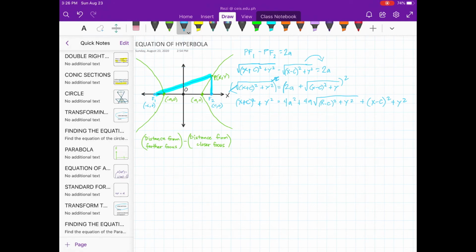Upon simplification of this, we will get this. Again, we square both sides and simplify. And then we get this.